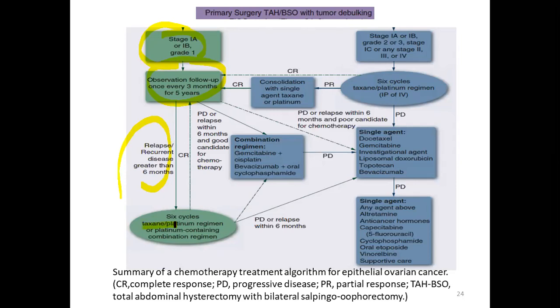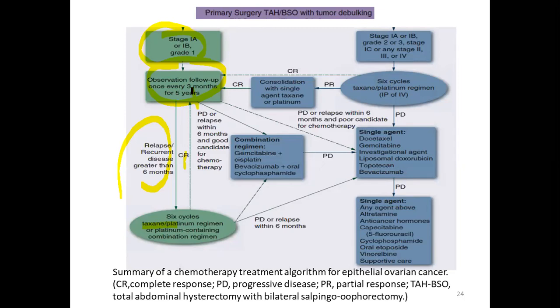By the way, when you consider relapse or recurrent disease greater than 6 months, that is when we consider this chemotherapy. Otherwise, if there is no problem, monitoring alone is sufficient. If we achieve complete response with these treatment modalities, we just follow the patient every 3 months.